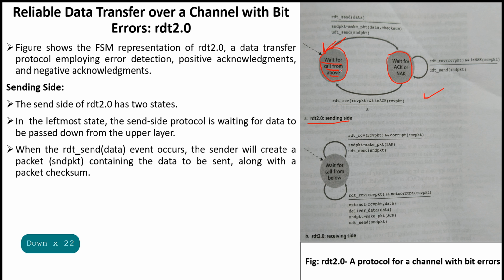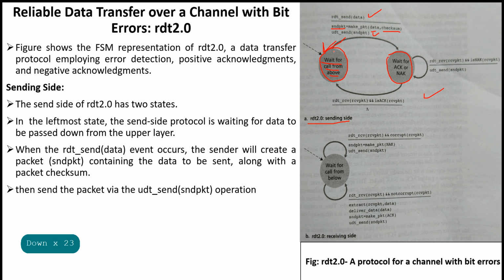When the RDT send data event occurs, the sender will create a packet, send packet, containing the data to be sent along with the packet checksum, data and checksum. Then it sends the packet via the UDT send packet operation.